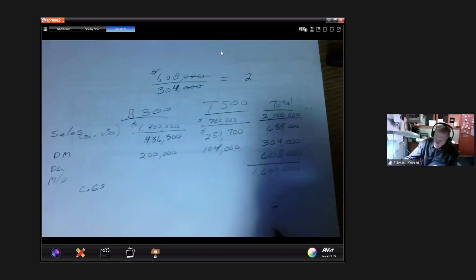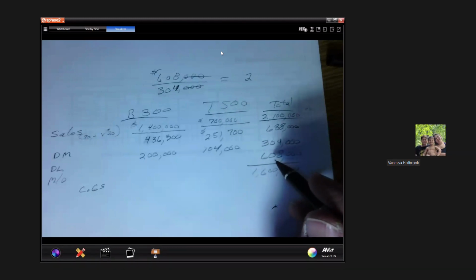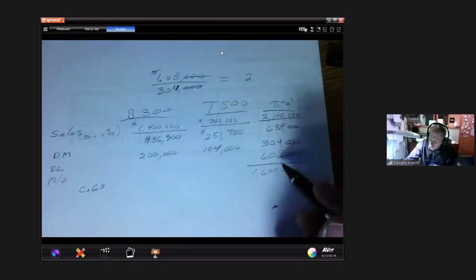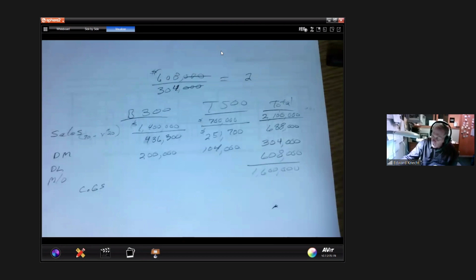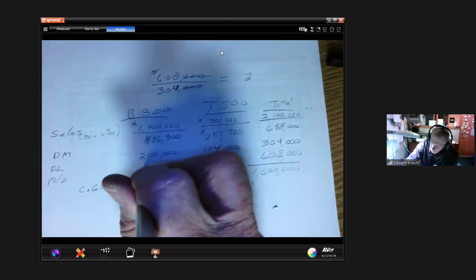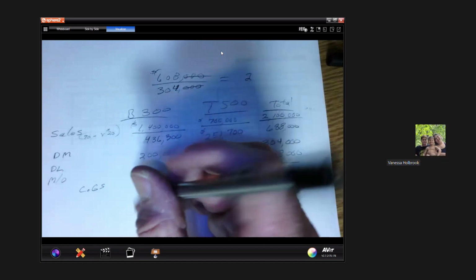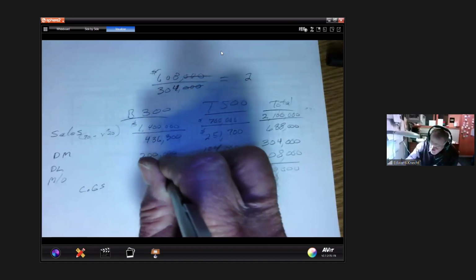How are we allocating? Did we use direct labor costs? How much was direct labor cost? 200,000. So we have to multiply that by 2 to allocate 400,000 to B300. Am I doing that right? Does that make sense?